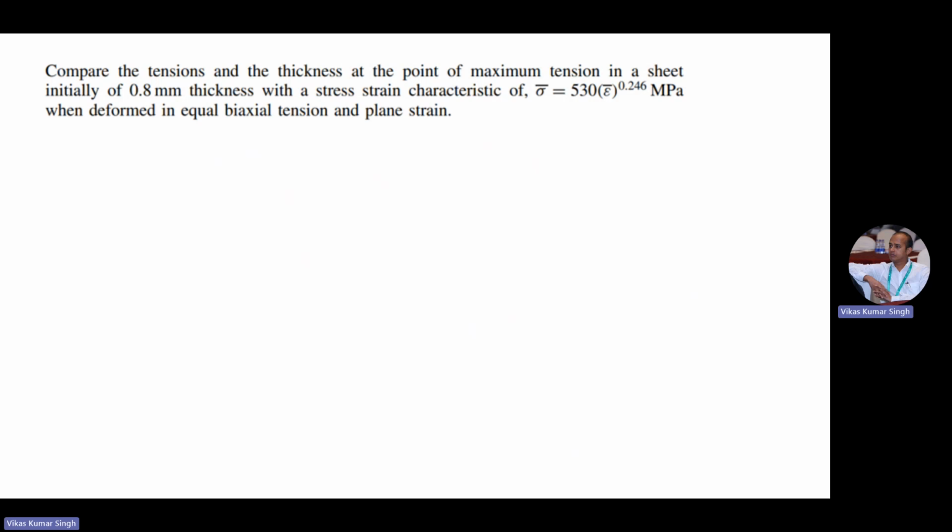In this question, it is given: compare the tensions and the thickness at the point of maximum tension in a sheet. Initially, the thickness is 0.8 mm, with a stress strain characteristic given here.